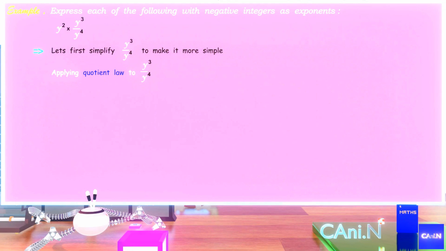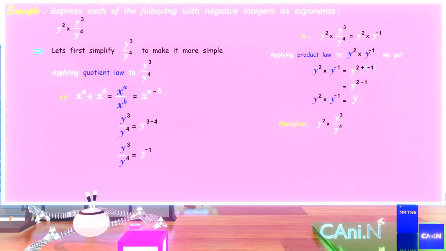Applying quotient law, y^3 divided by y^4 equals y^(3-4). Hence, y^3 divided by y^4 equals y^(-1). Therefore, y^2 into y^3 divided by y^4 equals y.